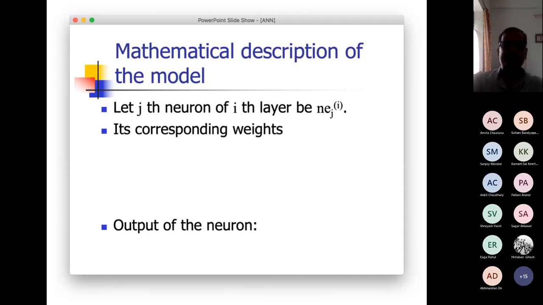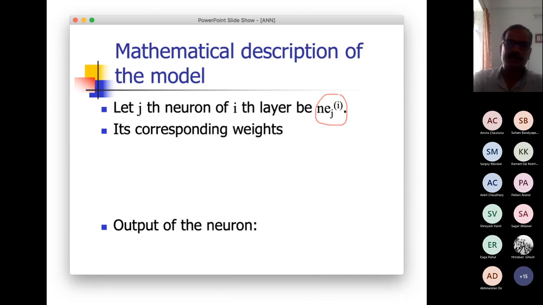Just to have some mathematical description of this model, how we can denote this particular computational model. Let us consider the jth neuron of the ith layer. We use this notation. I hope the notation is clear to you, because every layer consists of a set of neurons, and every neuron is identified by an index, which is convenient for describing the operations.